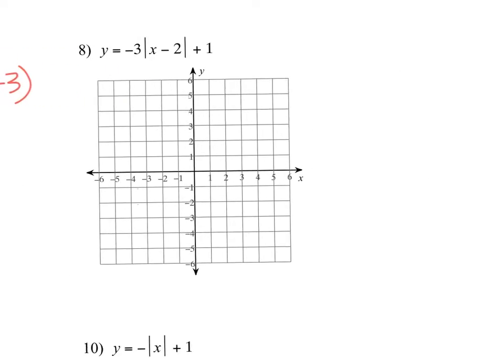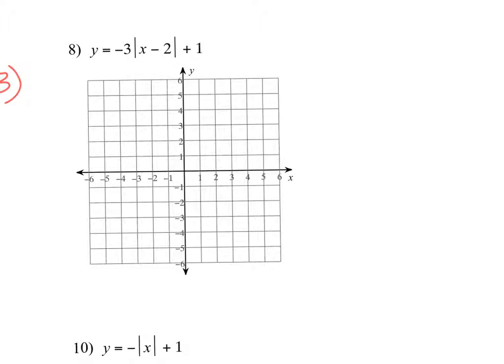So question 8. Similarly, we're going to look at the vertex first. Now on this one, there actually is a value on the inside, and you all know on the inside you're supposed to think opposite. So since the inside is opposite, that's going to be +2, and the outside is the same, so that's +1. Remember, that's these two values.